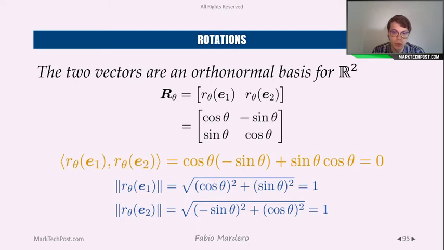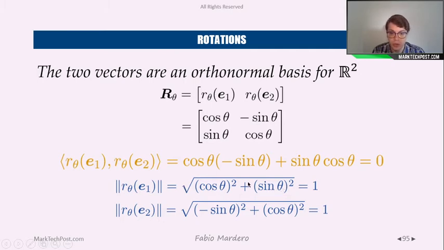They are also normal, because if we take the length of these vectors, we are just computing the Euclidean norm, and we know that a property holds for sine and cosine, and that's that the square of the cosine plus the square of the sine is equal to 1.